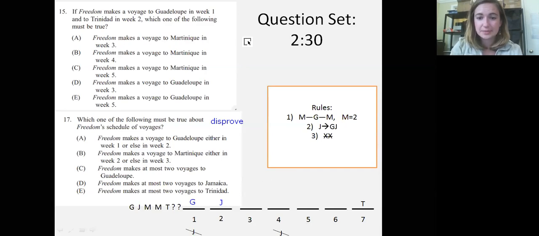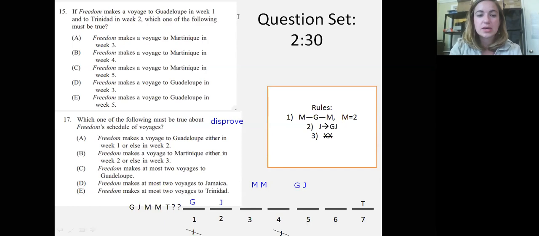And if I think about it, if I need to have 2 M's that are going to fit somewhere on this board, and then every time I have a J, I'm going to have a G before it, then at most I'm going to be able to put 2 J's on the board, and that would still take up 6 spaces between my 2 M's, the G that comes before the J each time it comes on, and then of course space 7 is taken up by T.